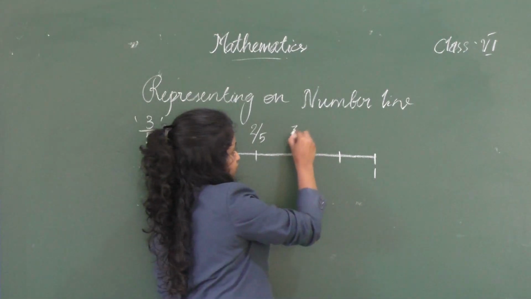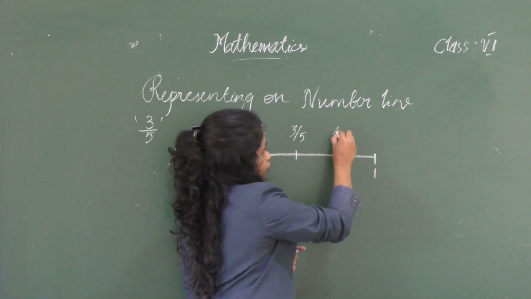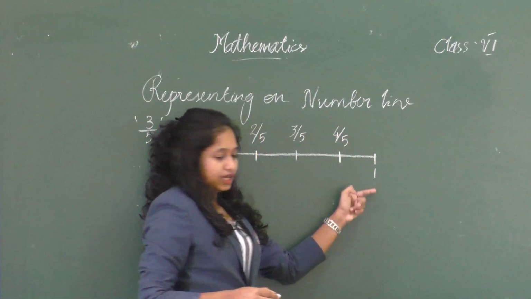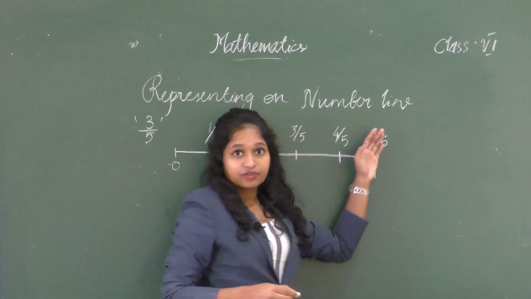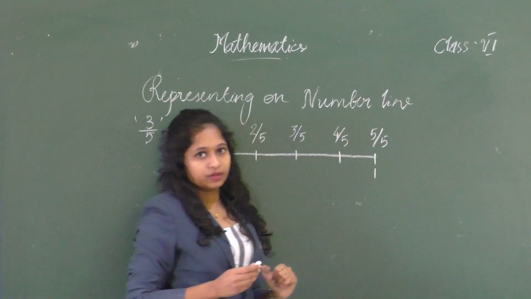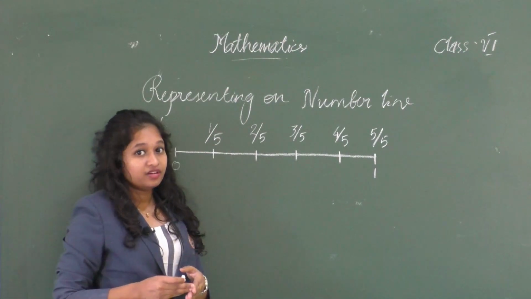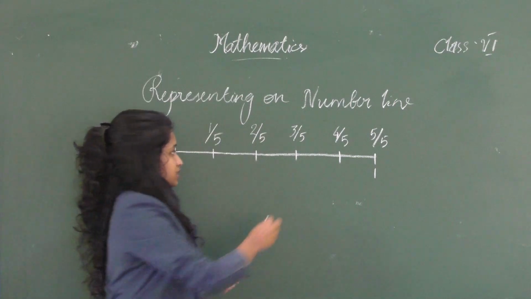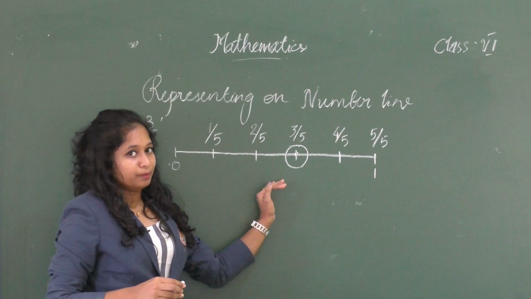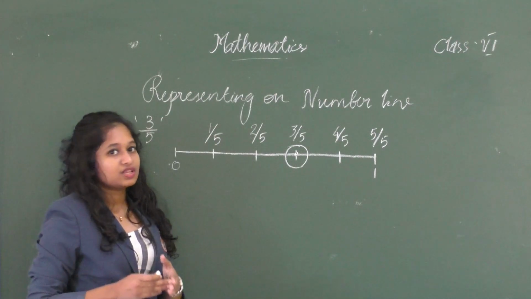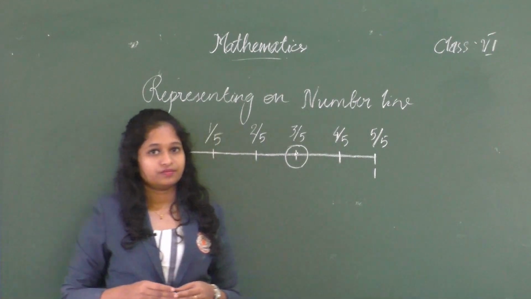Next, 3 by 5. Next, 4 by 5. And at last, 5 by 5. What is 5 by 5? It is 1. Now, you can easily find where 3 by 5 is. It is here. So, mark this point, and this is how to draw a number line of fractions.